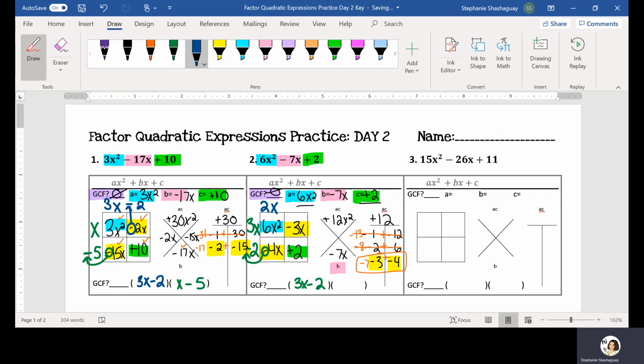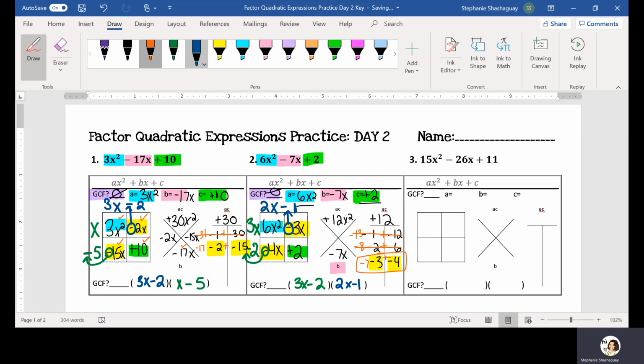I can't factor out a 3 or a 2. I do have a negative number on the outside, so I need to factor that out. So there's my negative sign, and the only thing I can factor out is a 1. So my other factor for this trinomial or quadratic expression is 2x minus 1.